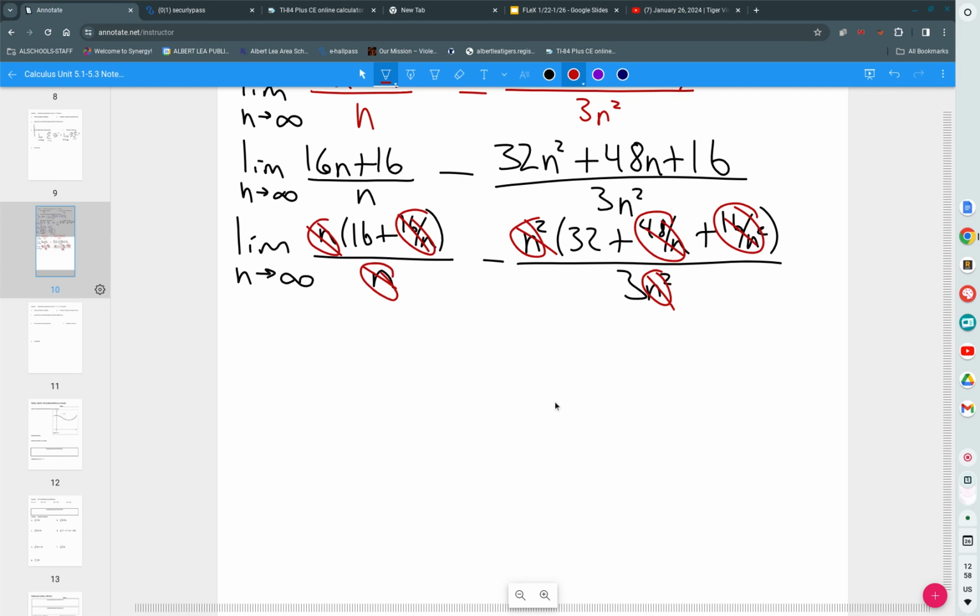So you can see that you're left with 16 there, and a 32 thirds there. Nice little common denominator of 3 would be 48 over 3 minus 32 over 3, so 16 thirds, or 5.3 repeating.